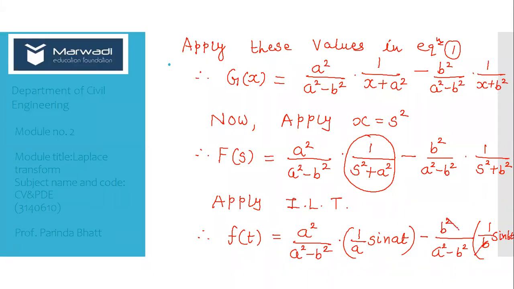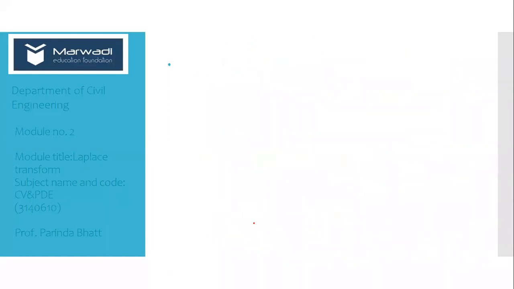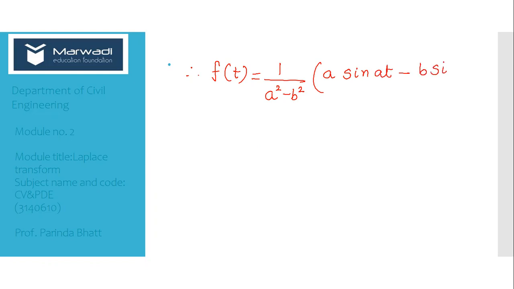One time b cancels, one time a cancels. Okay. Therefore, the final answer is D. 1 by a square minus b square, take it in the power, a sine at minus b sine bt. This is our answer.